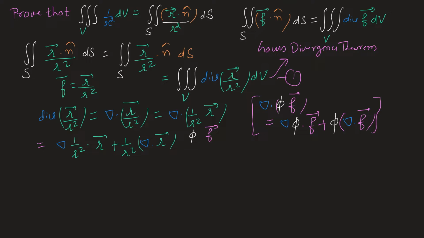Now we are required to determine two things: one is the gradient of 1 by r square, and the second is the divergence of r. We shall name this equation as equation number 2.